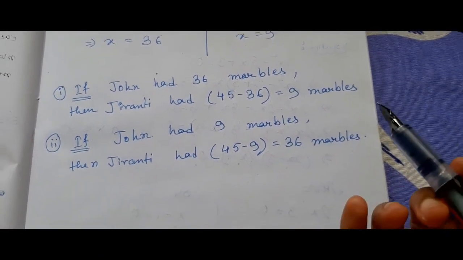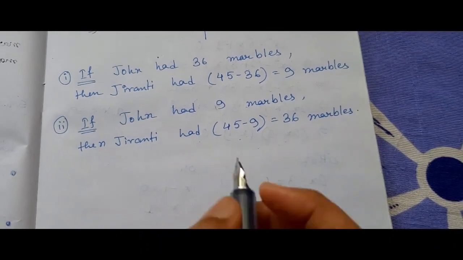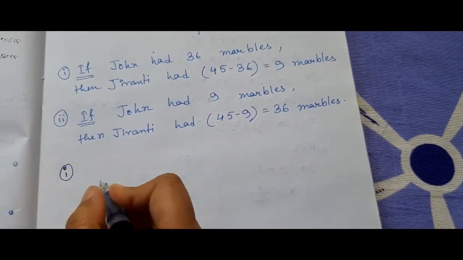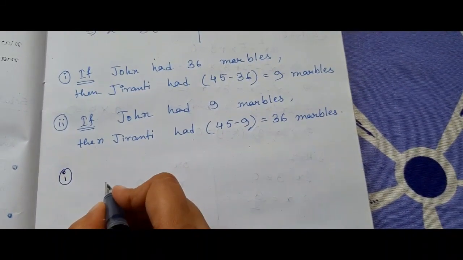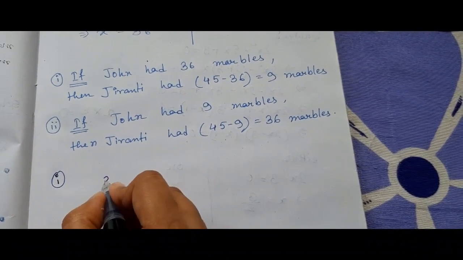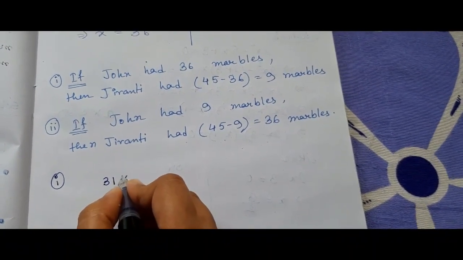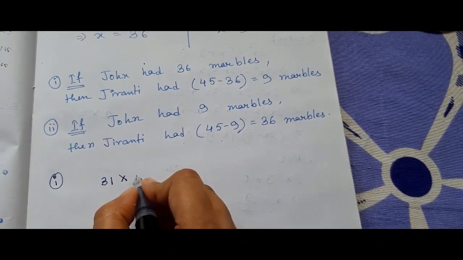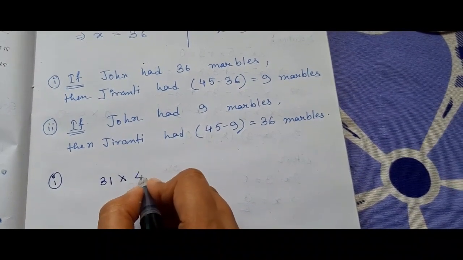Okay, now you can verify this one. Suppose for case 1, I am considering case 1. If John lost 5 marbles, what will be the number of marbles? 31, right? If Jivanti lost 5 marbles, what will become the number of marbles Jivanti had? It will be 4.